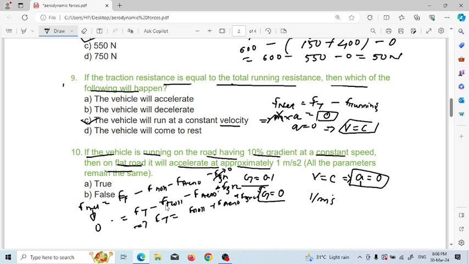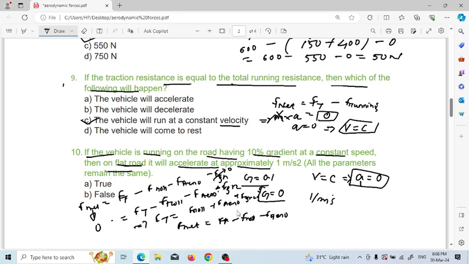F gradient is 0 as a flat road is given, so F net is equal to F traction minus F rolling minus F aerodynamics.